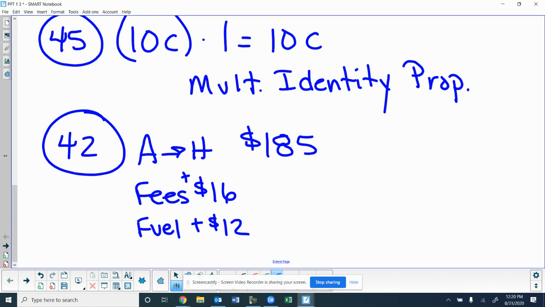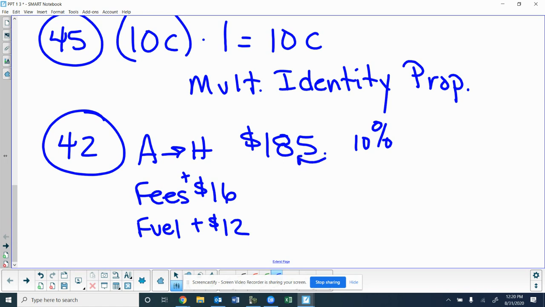Okay. So 40% off. I would do 10%, which would be $18.50. Sorry, there's a decimal point, right?